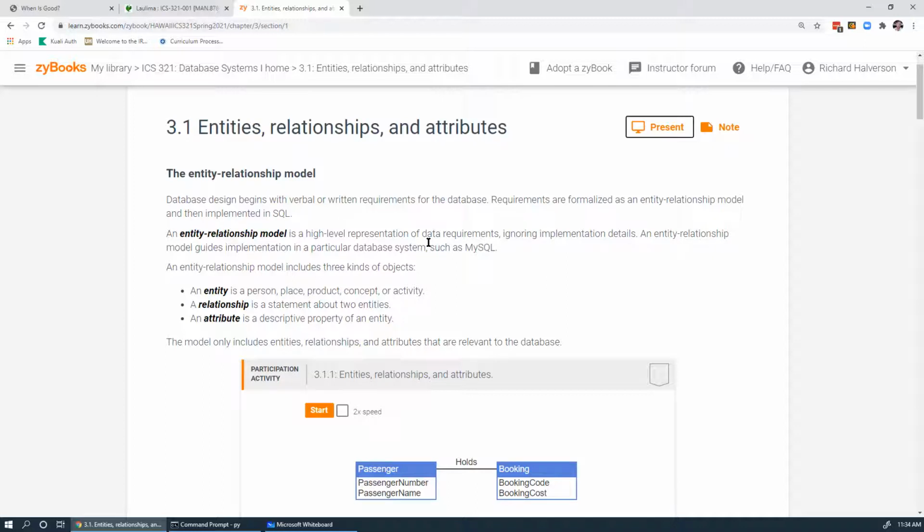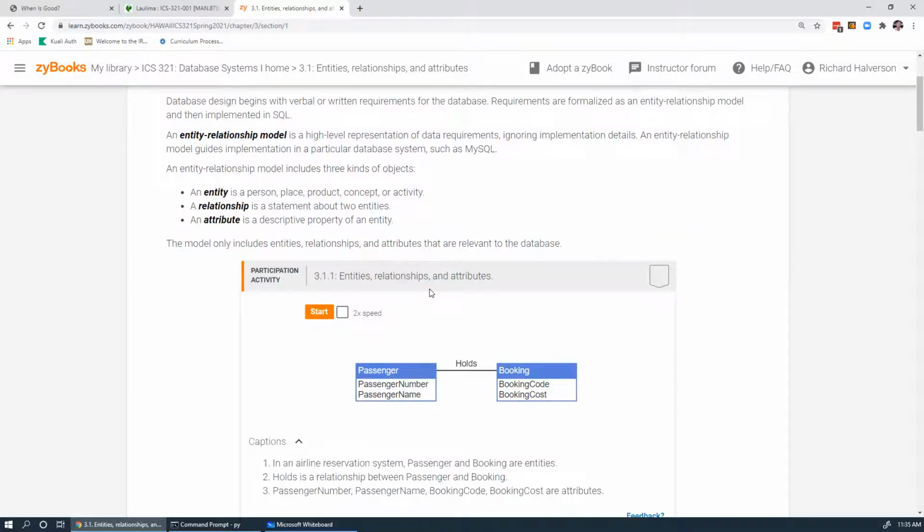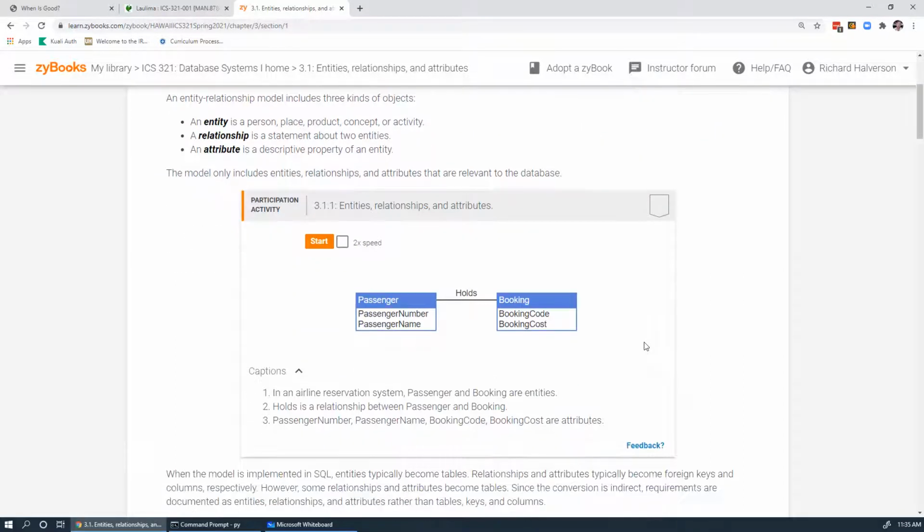Now, one nice thing about SQL is you really can just change up the whole structure of the database, leaving the data there. If you have to move stuff around in tables, it's real easy to do. You just do projections and inserts from selects and all kinds of stuff. So entity relationship models are important if you're working on really big projects.